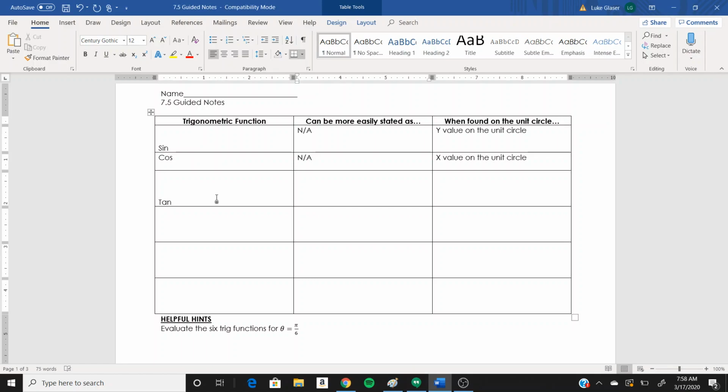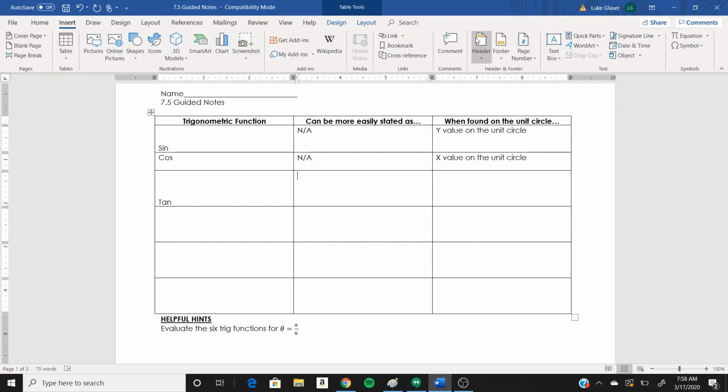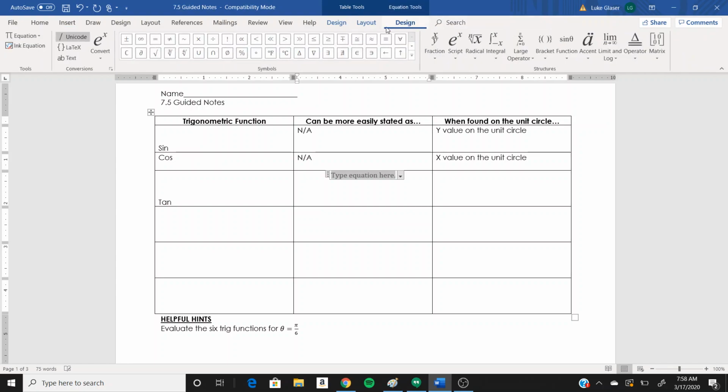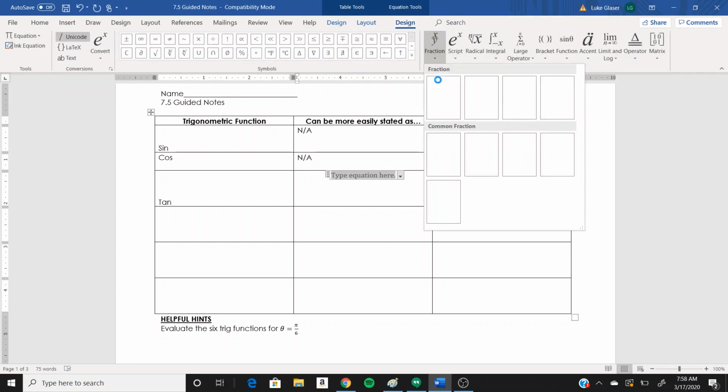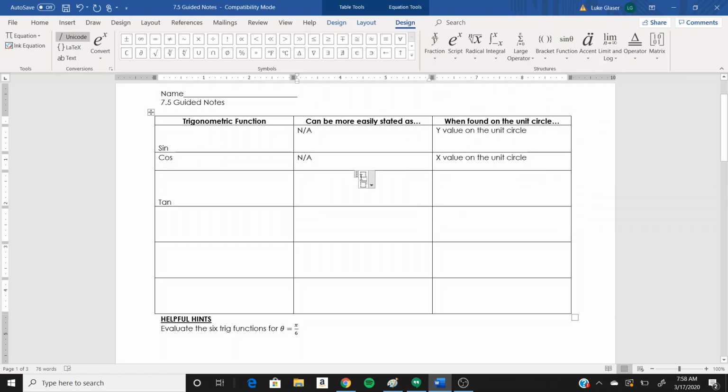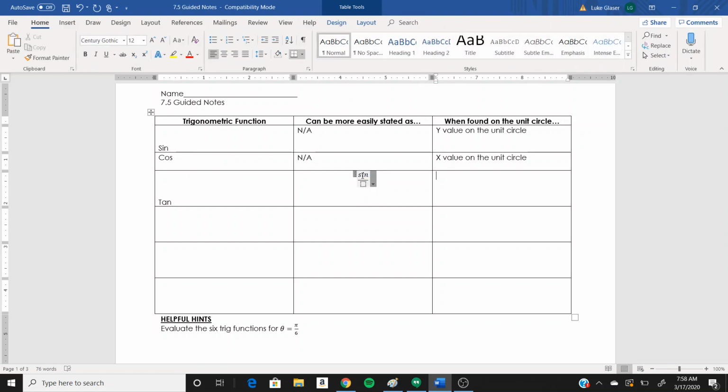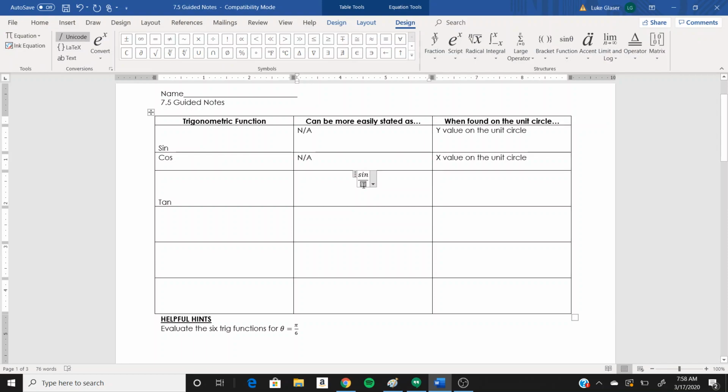can be more easily stated as, I'm going to make this an equation here, hang on. Tangent can be more easily stated as sine over cosine.